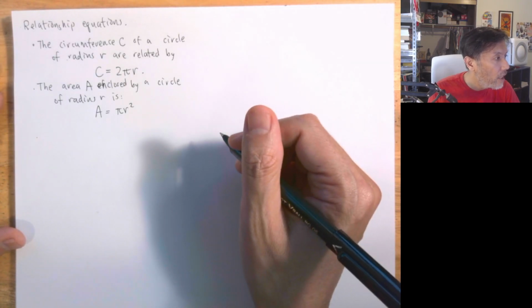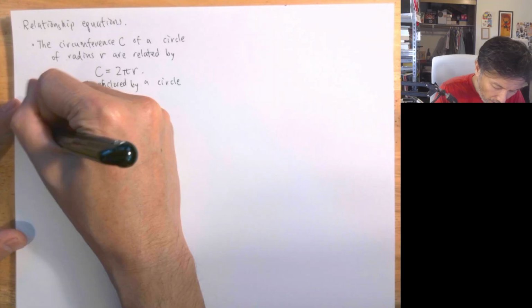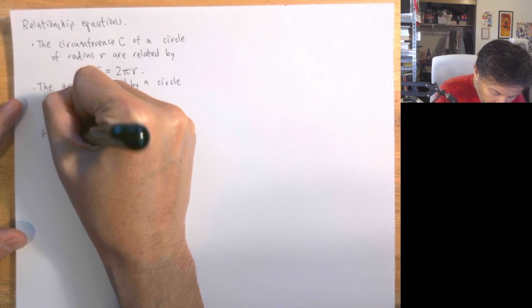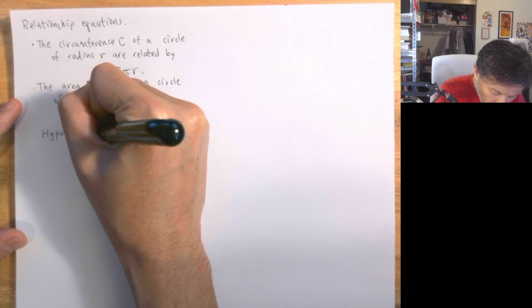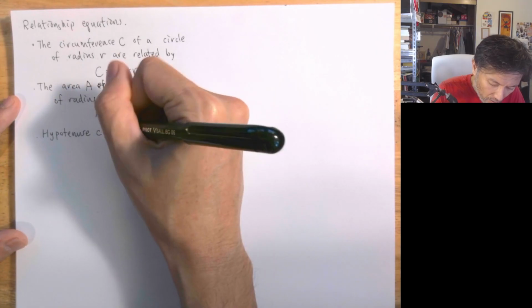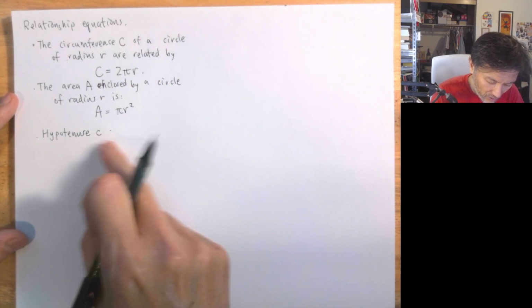Another example, the hypotenuse C, or maybe I should say the length of the hypotenuse. Just chill out, okay? Give me a break.